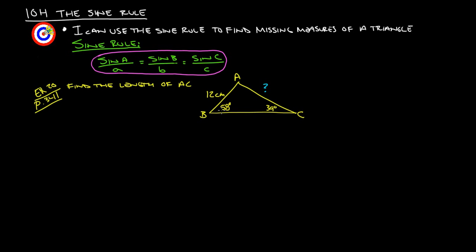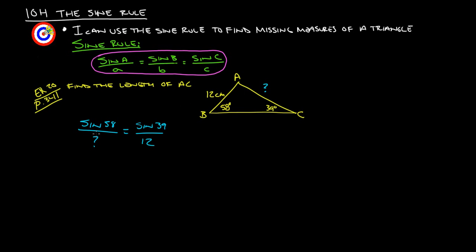We want to use 58 and this side because that's what we're looking for. So we would say sine of 58 versus the side across from it, which we'll call question mark at this point, is going to equal the sine of 39 over its side, so equals sine 39 over 12.